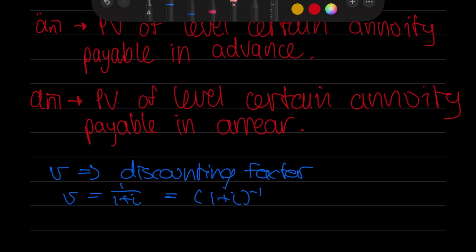So this is what V stands for, what V represents. So what a discounting factor is, discounting is the reverse of compounding.